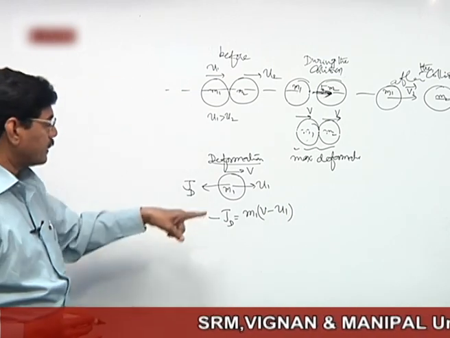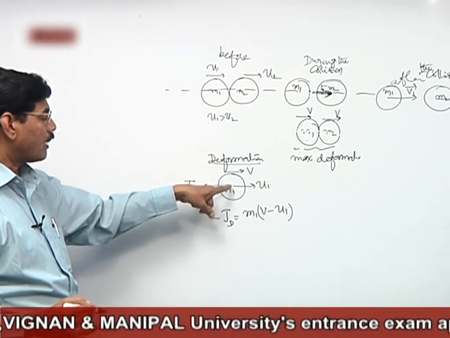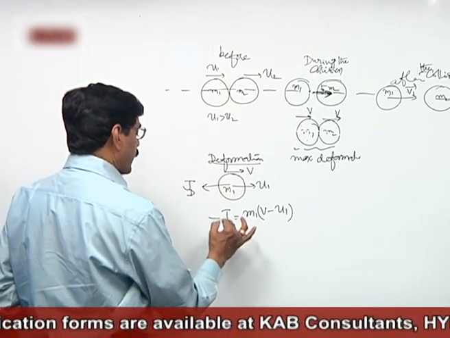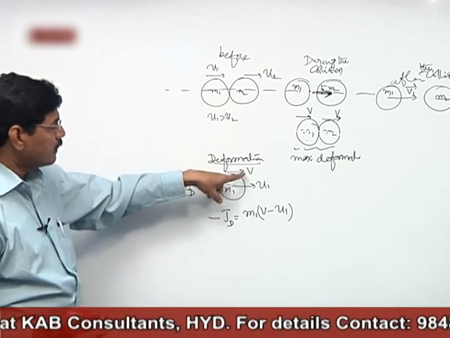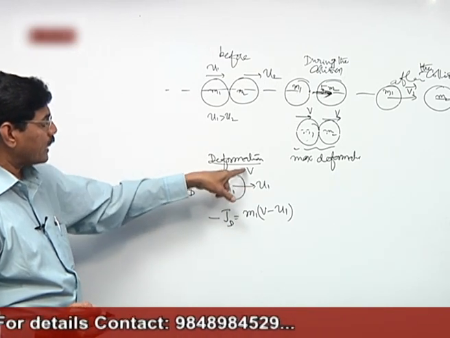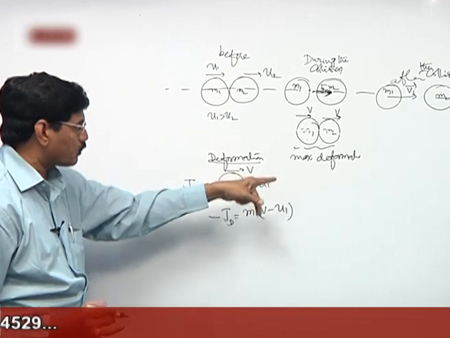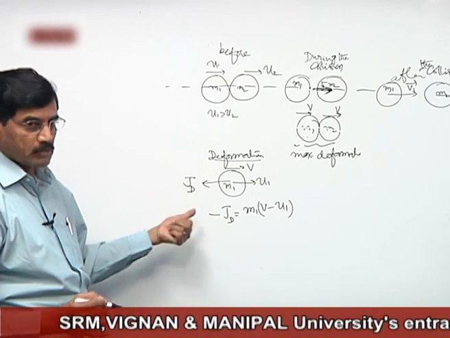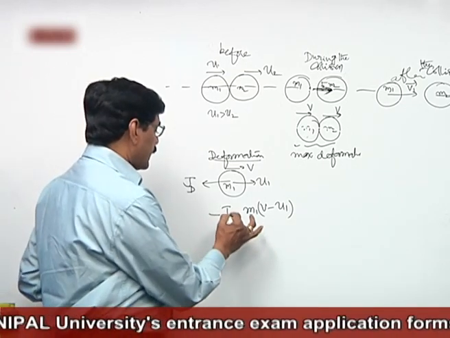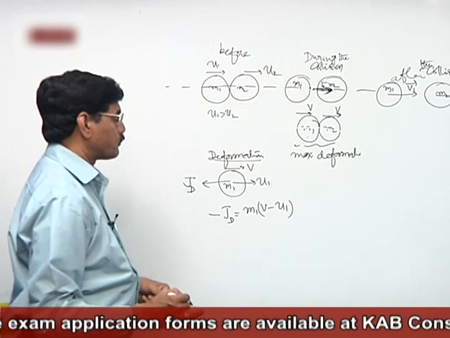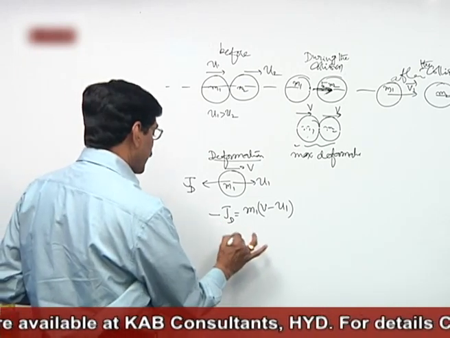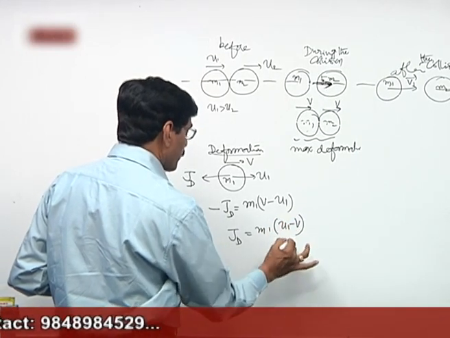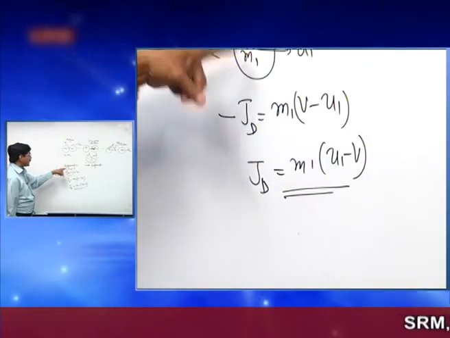This is the equation for the deformation impulse. Minus JD we are writing because the linear momentum of the ball is towards right, but it experiences the impulse of deformation towards left. Therefore, JD equals m1 times u1 minus v. This is the impulse acting on the first ball.